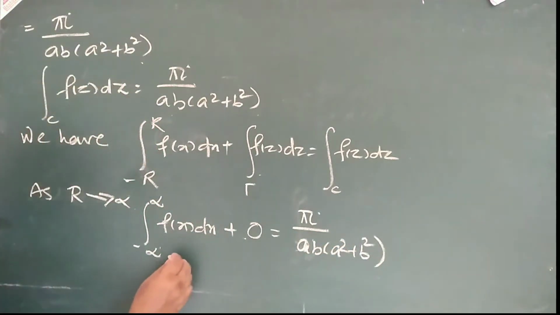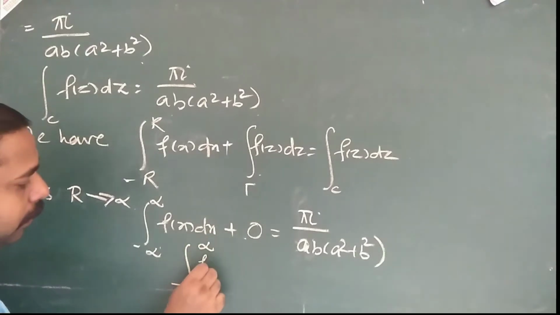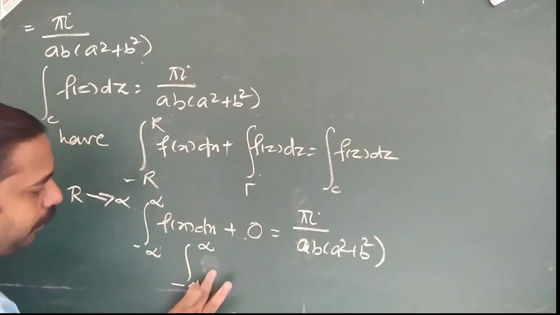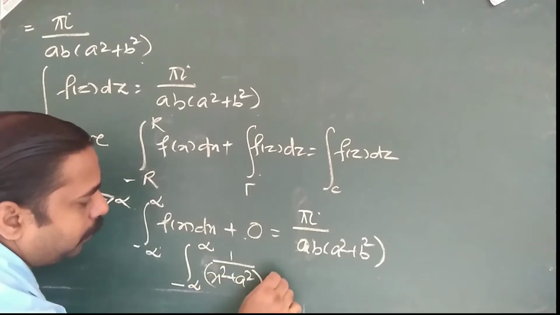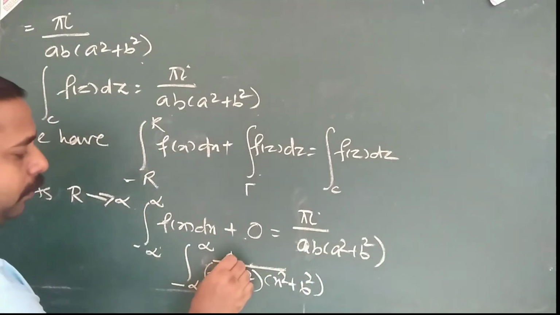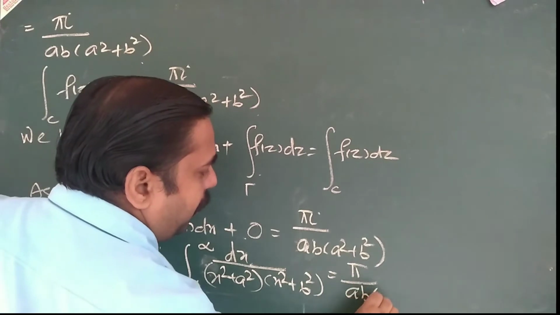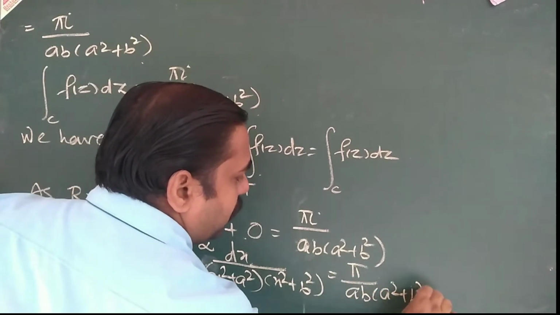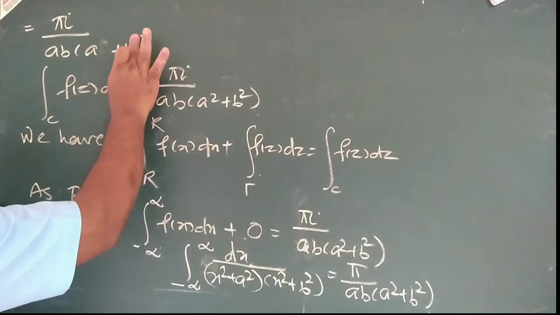So that is integral from minus infinity to infinity f of x, what is our question, 1 by (x square plus a square) into (x square plus b square) dx is equal to pi by ab into (a plus b). Not a square plus b square, this is a plus b only.